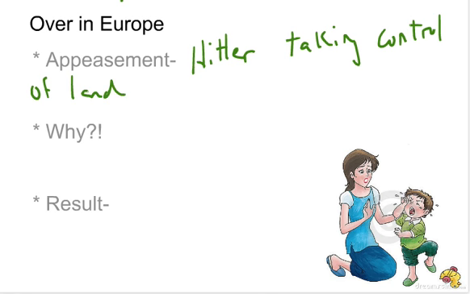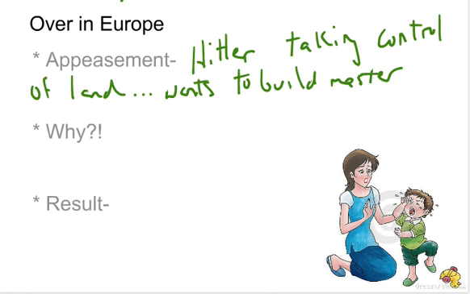We're not going to get specifically into which land he took, because you guys are going to hit that pretty heavy in either World or AP Euro next year. But Hitler is taking control of land because he wants to build his master race, which again, you guys already know. And I'm going to erase that in a little bit, so just make sure you guys get that. So Hitler is taking control of land, and he wants to build his master race.